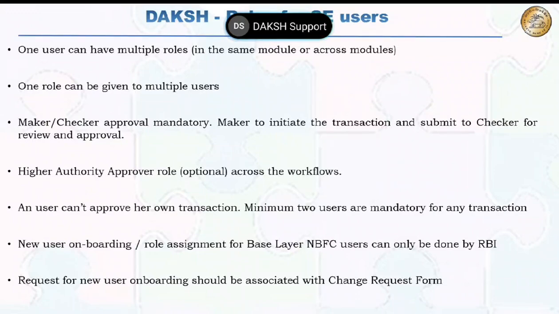But even if a user has both maker and checker roles, the user cannot approve her own transaction. That is a very important feature. Please do not think that I have both maker and checker, so I can initiate something and approve the same. The system will take care that the approval must not go to the user who initiated it. So a minimum of 2 users are mandatory for any transaction.